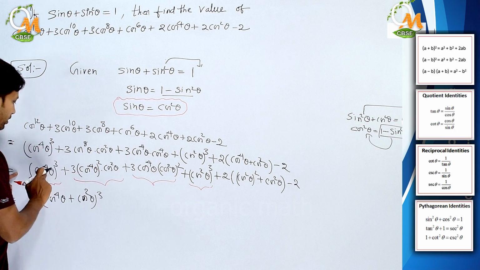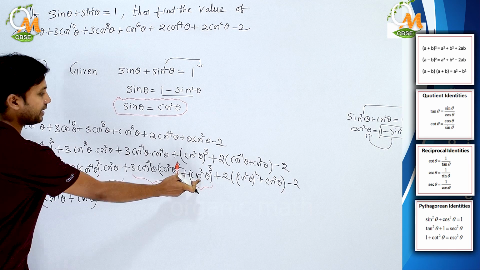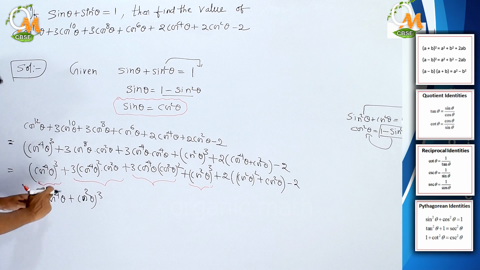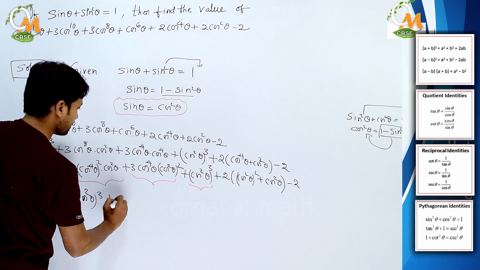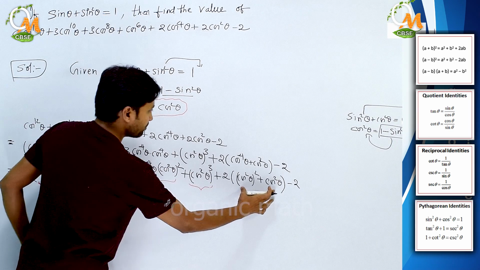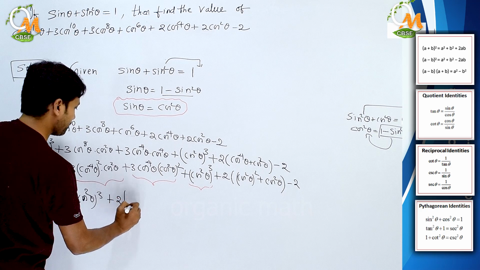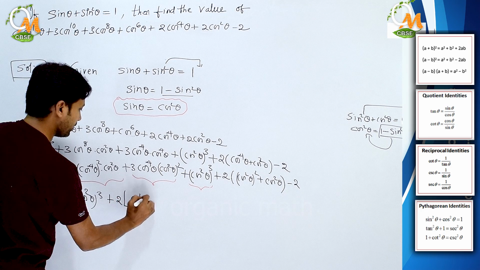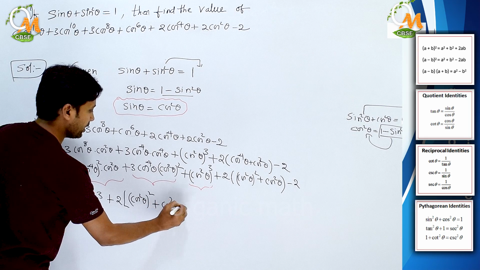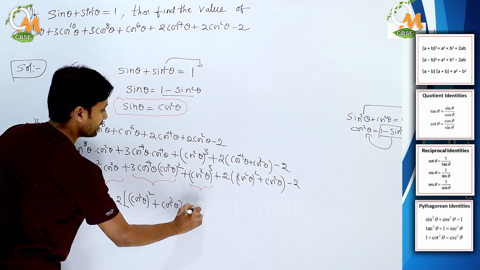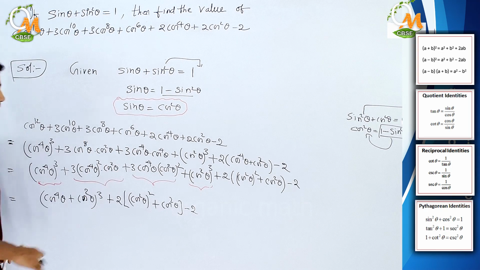Like this we wrote it. Now the rest of the portion we'll write again as it is. Now 2 into the bracket, inside the bracket would be cos square theta whole square plus cos square theta minus 2. We wrote it as it is.